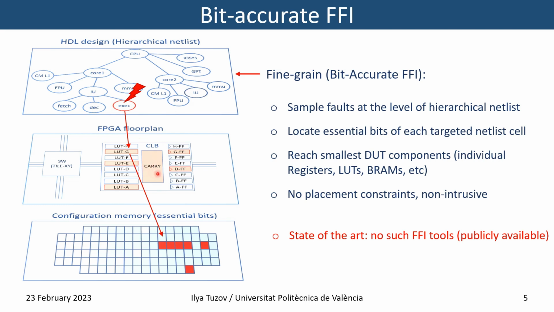And it would not require any placement constraints, so this means it would be low intrusive. Of course, mapping of essential bits is quite a complex problem, and to the best of our knowledge, up to this point there were no such bit-accurate fault injectors, at least in the public domain.